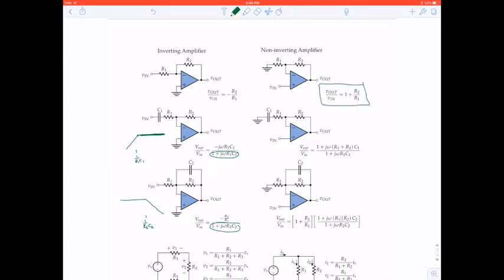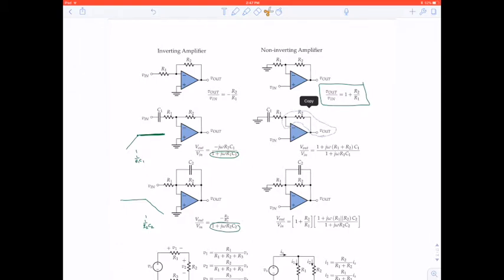The filters on the right-hand side are a little different because we have a 1 plus Z2 over Z1 response. They tend to go from unity gain to a higher gain, or from a higher gain to unity gain, when the capacitor kicks in. In the first one, capacitor C1 is an open at low frequencies, so no current flows through R1 and R2, and the output is tied to the negative terminal of the op-amp, which with our virtual short is at potential Vn.